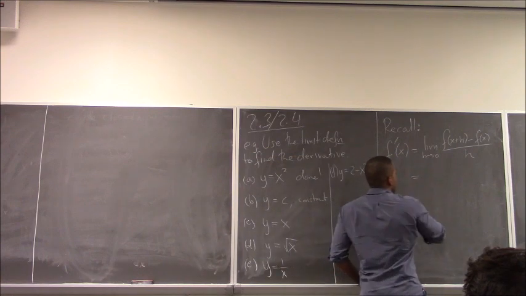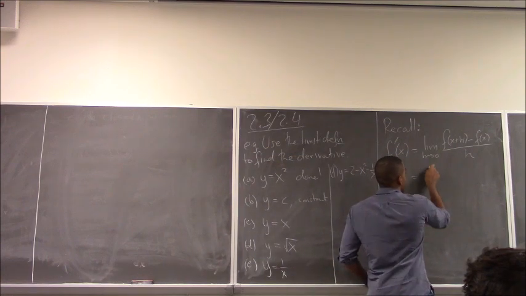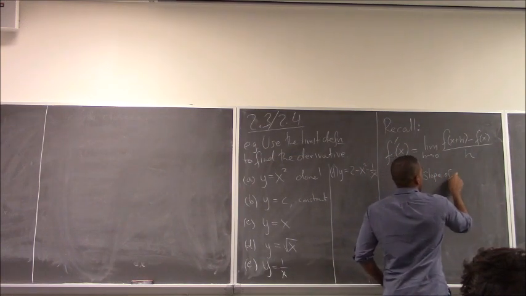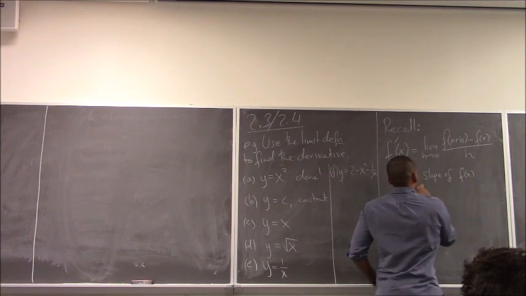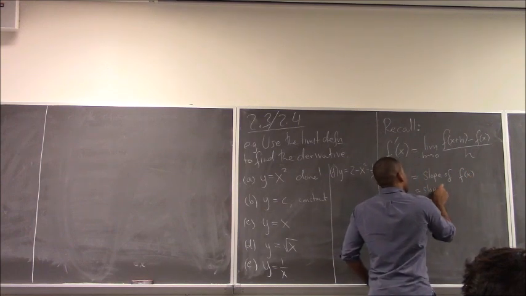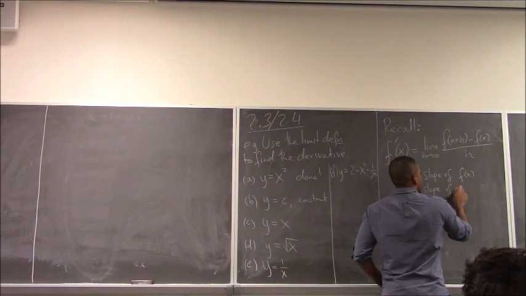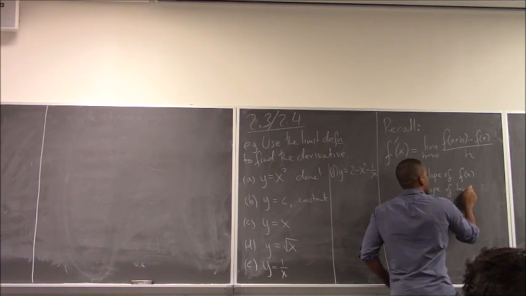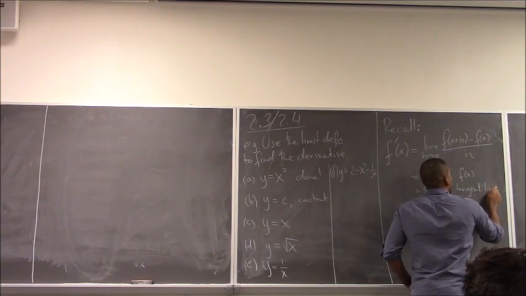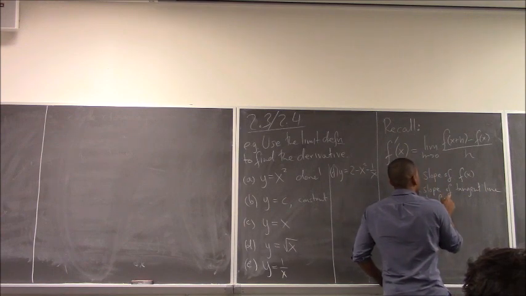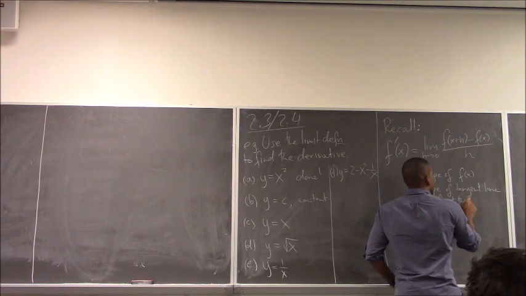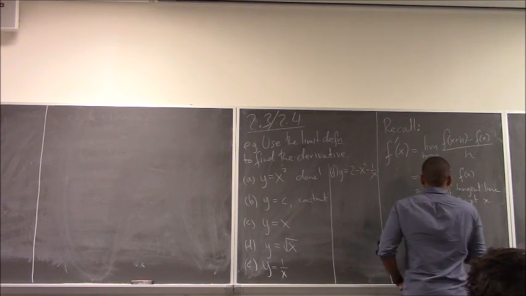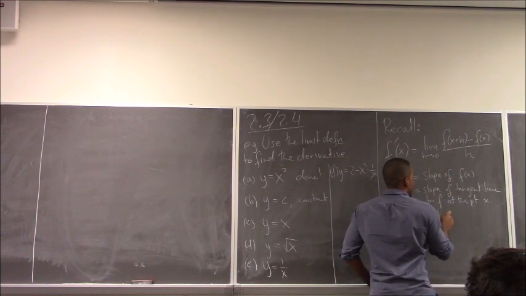So one thing you can remember is that it gives you the slope of the function f. It's equivalent to the slope of the tangent line to f at the point x. It's also the rate of change of the function.